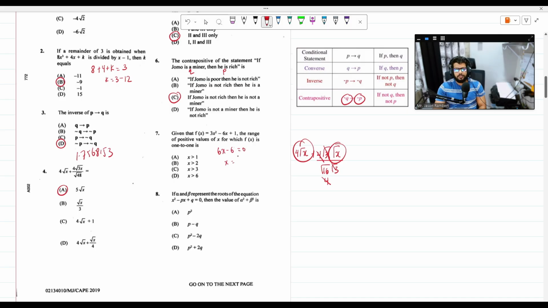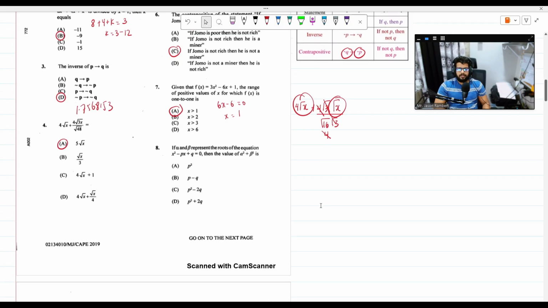And x is equal to, move the 6 across, divide by 6, I get x is equal to 1. That's the x value for my minimum point. On either side of x equals 1, my function is going to be 1 to 1. But the question says the range of positive values of x. So when x is greater than 1, my function is 1 to 1.